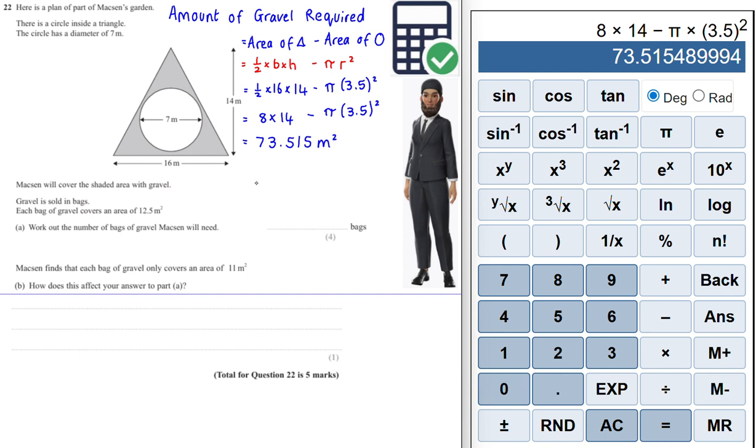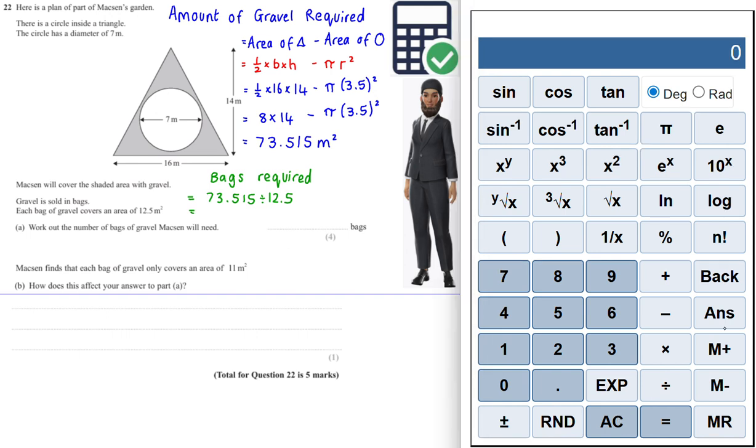Okay, so we need to work out how many bags we require. The number of bags required is equal to 73.515 divided by 12.5. Let's use our answer which was previously stored.